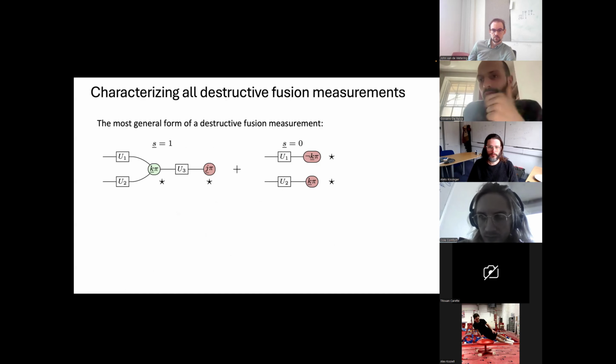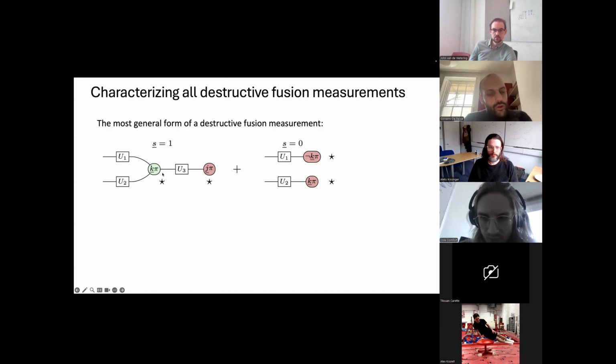And one of the things that we did in this paper was to try to characterize all the possible measurements that you could do that are equivalent to these fusion measurements. So in general, a destructive fusion measurement, a generalization of type 2 fusion, would have 3 single qubit unitaries around your basic fusion gadget.